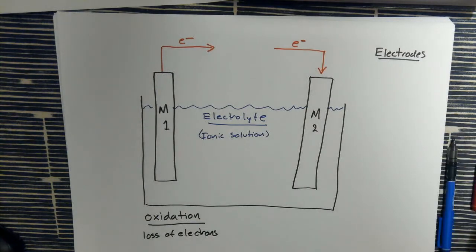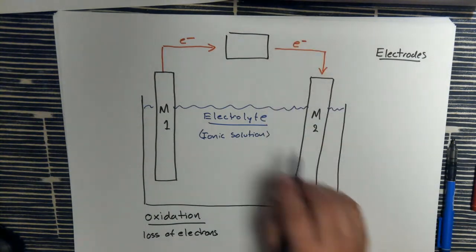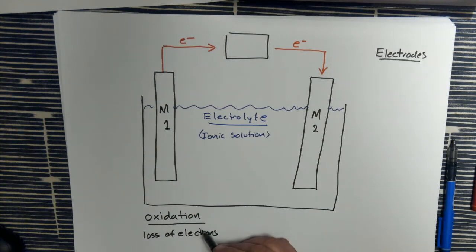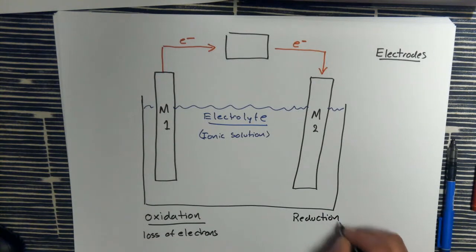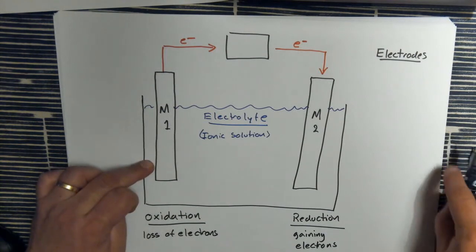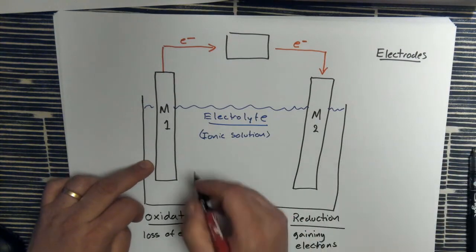So if this is the situation, then the electrons are flowing from this metal to this metal. If this one is oxidizing, then this one must be undergoing reduction, which means that it's gaining electrons. But in order for this one to lose electrons, this metal must be undergoing some sort of change.